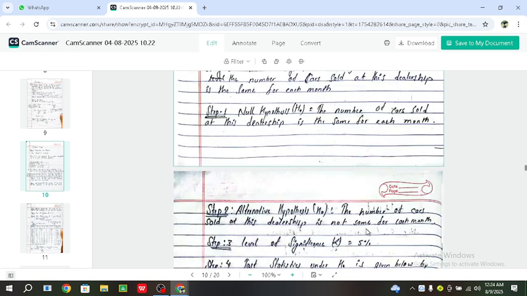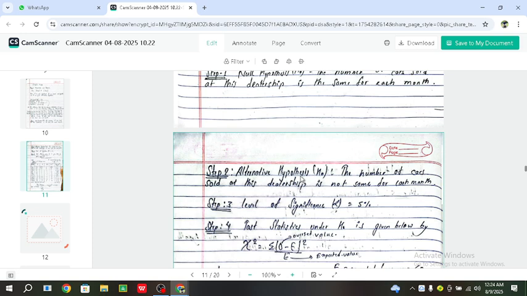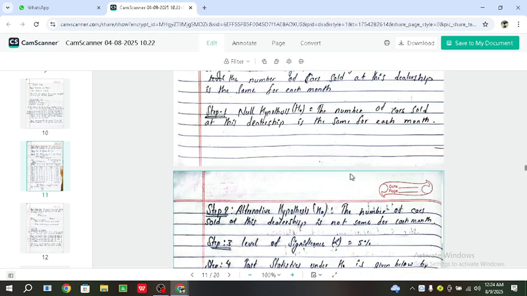Step number 2, the alternative hypothesis: just the opposite of this. Same language but not same. You can easily identify it. Alternative hypothesis means there is no need to give mu equal to, not equal to mu one, mu two, like that.